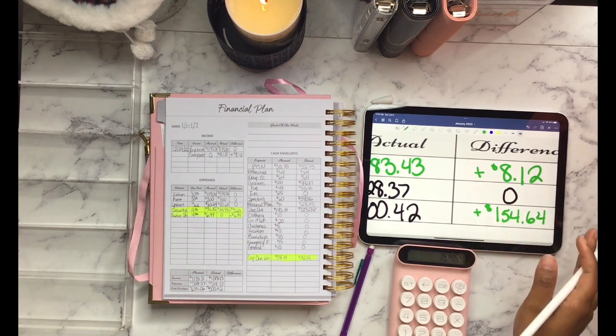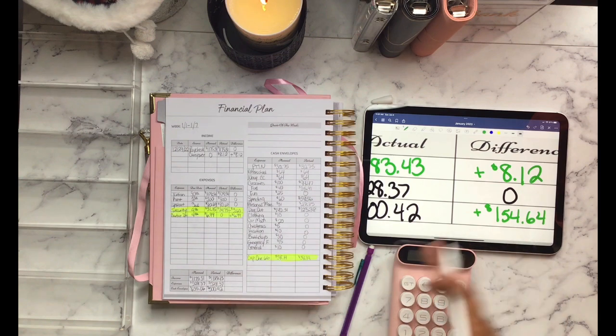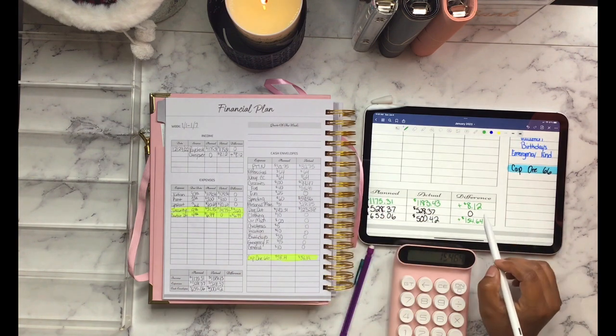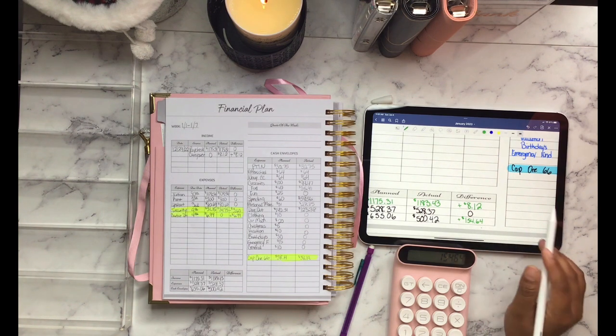And when I say extra, I mean my sinking funds, anything that's left over in my cash envelopes, should equal $154.64. So let's see.